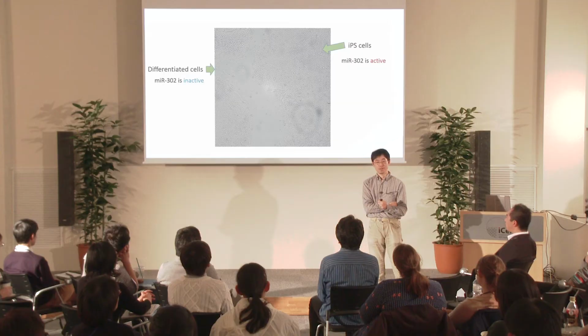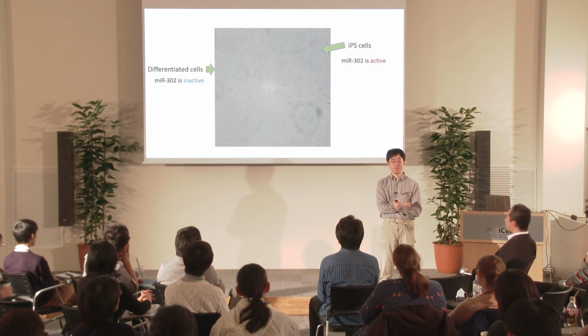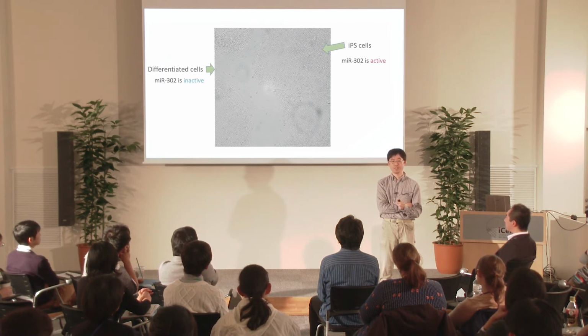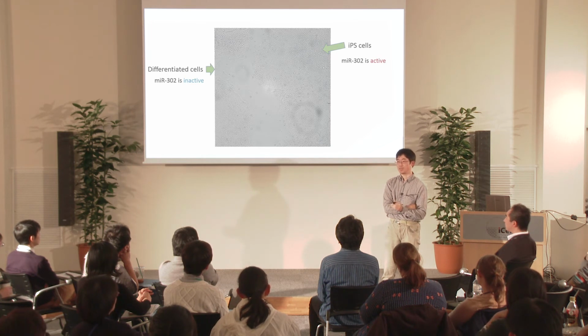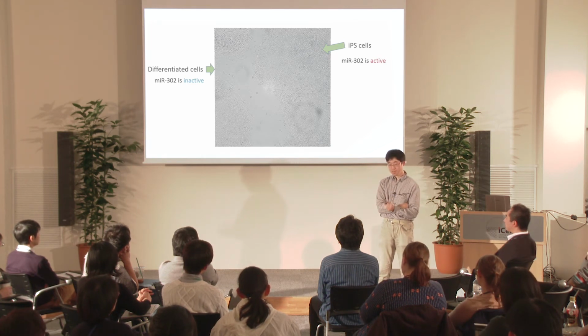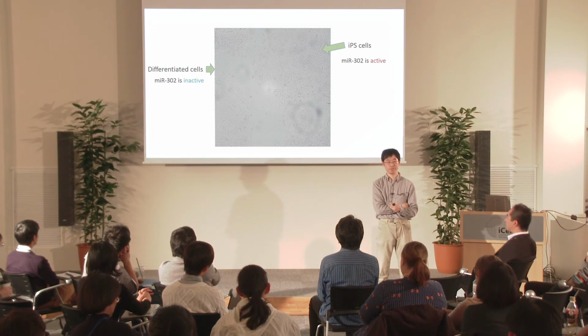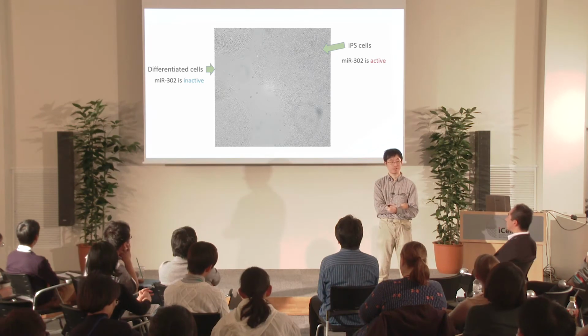So it is important to find the differentiated cells to keep the iPS cell quality. It is known that iPS cells highly express microRNA 302, and differentiated cells don't express microRNA 302. So we constructed a microRNA 302 responsive switch and installed this switch into iPS cells.